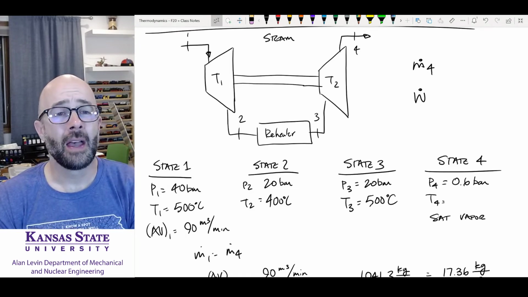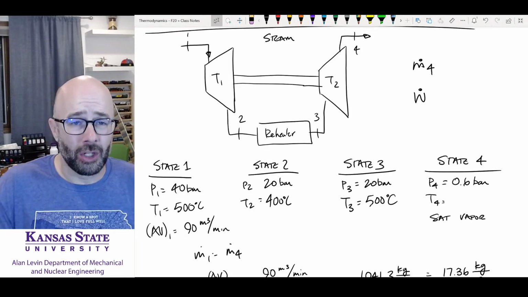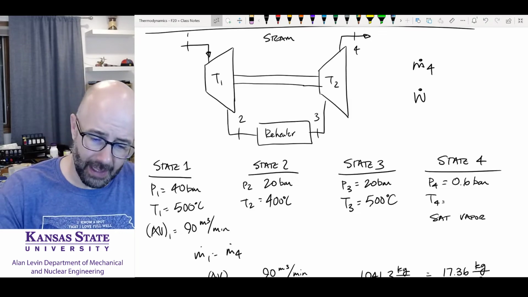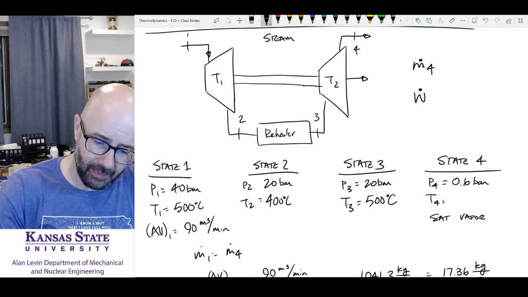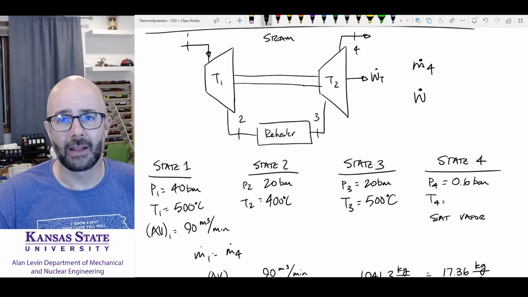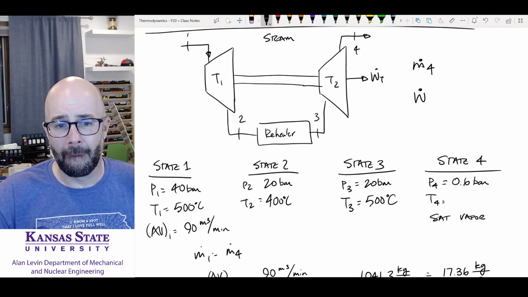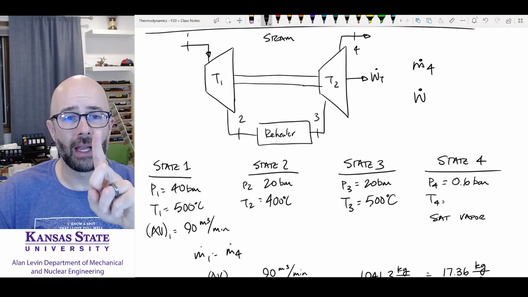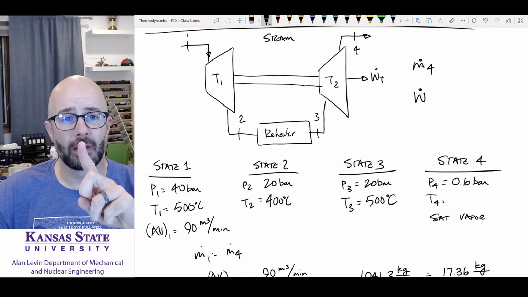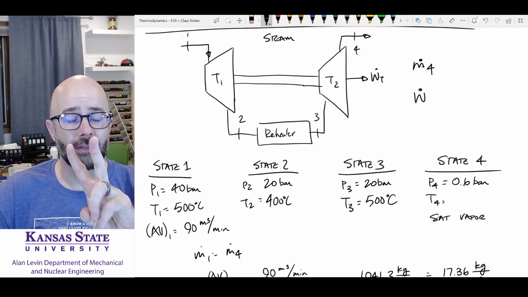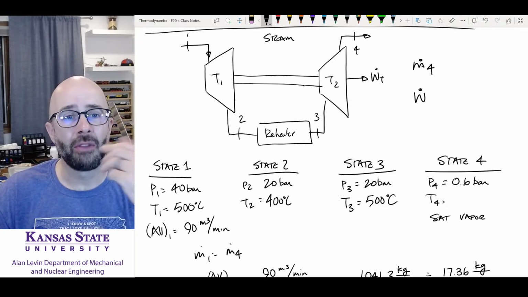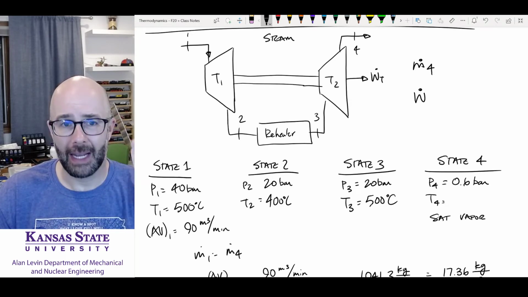Okay, let's talk about what we're going to make our control volume, because we want to find out what the total work is coming out of this series of turbines. I could make a control volume and find out the power from turbine 1, and then do the same for turbine 2, and add those two powers together, and I would be done.